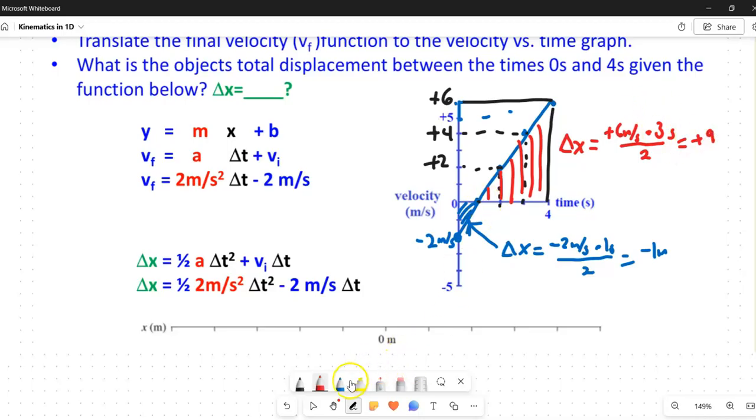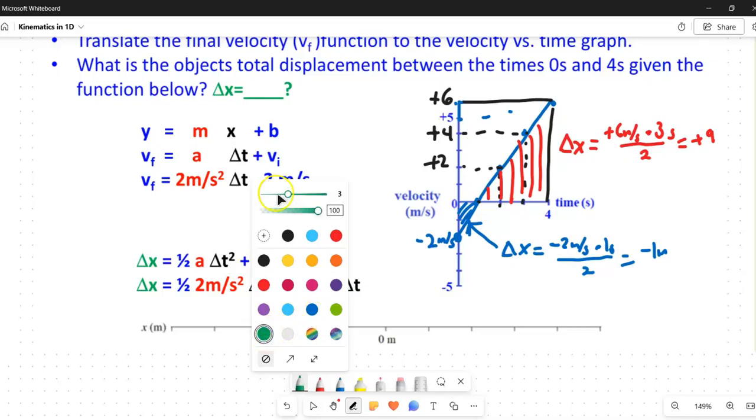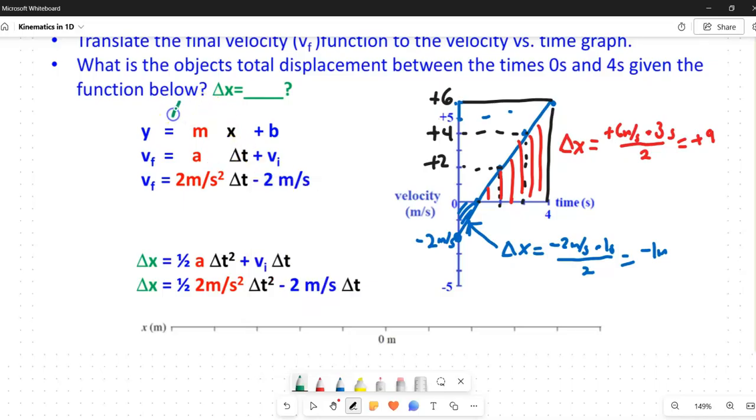So the total displacement, and we're going to use green to be consistent, is going to be equal to -1 meter plus 9 meters.